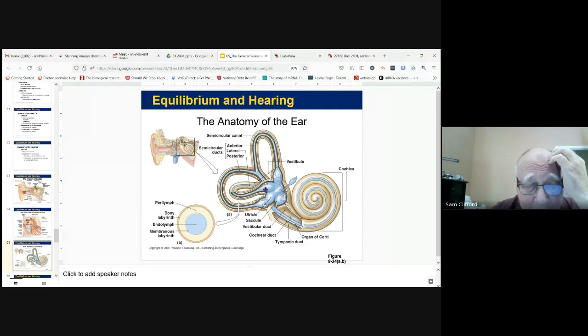I'll get to that in a moment. So we have this fluid in the cross section through the semicircular canals, and the different density of the fluid in the cochlea and in the semicircular canals is related to the generation of position information and hearing information.